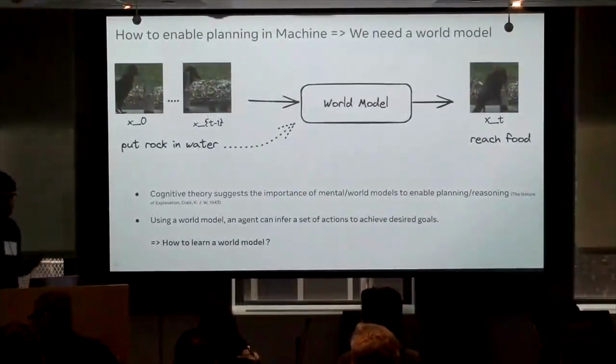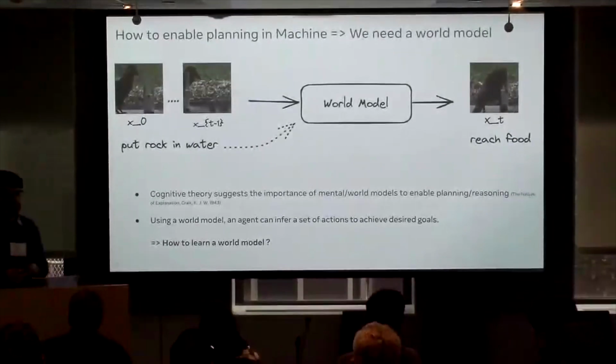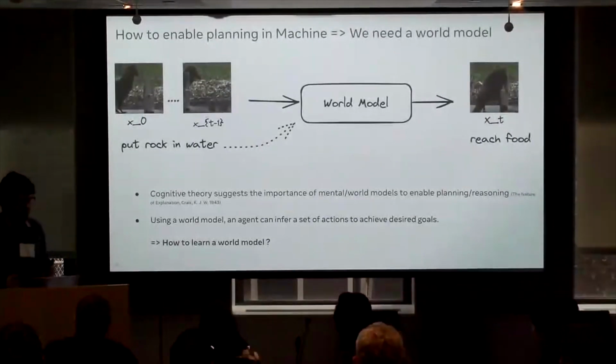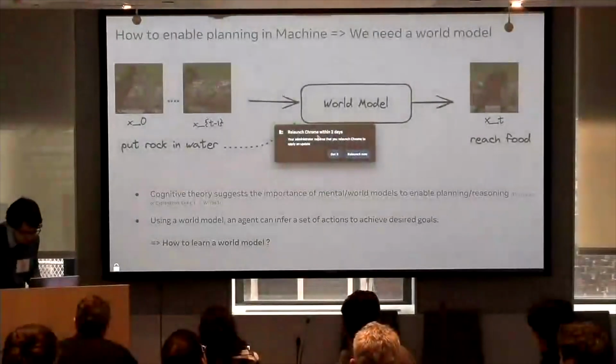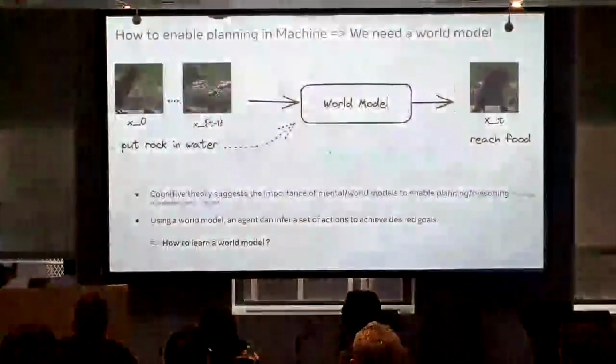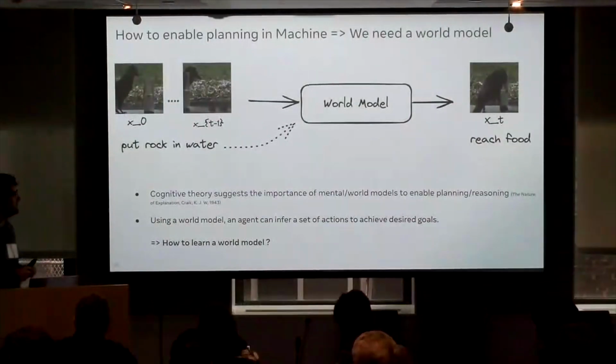So, nothing new here, but how do we enable planning in machines? One of the common building blocks that often comes up in the literature is the idea of a world model, also called a mental model in cognitive theory. We hear the term world model a lot these days, so I'm going to try to define it.